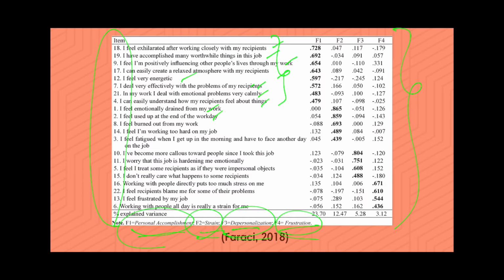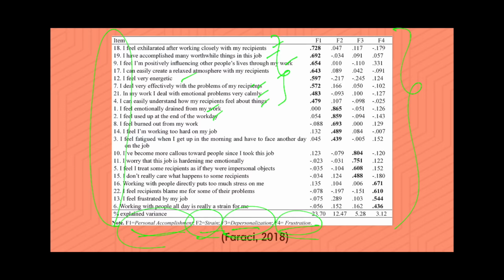is our scale really measuring what the theory of burnout says burnout is supposed to be? For example, strain and depersonalization are among the main key characteristics of burnout, and probably frustration and personal accomplishment come up in the context of being a teacher, because when you go to general burnout scales, there are different ways of looking at burnout.